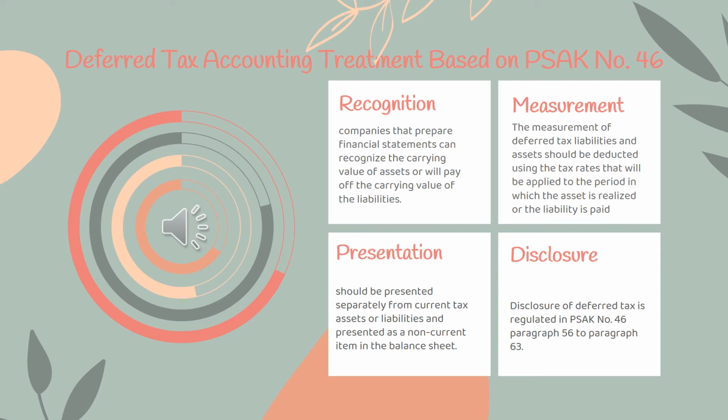The last is the amount and time limit for use, if any, of the deductible temporary differences and the remaining losses that can be compensated from the following year and recognized as deferred tax assets on the balance sheet.